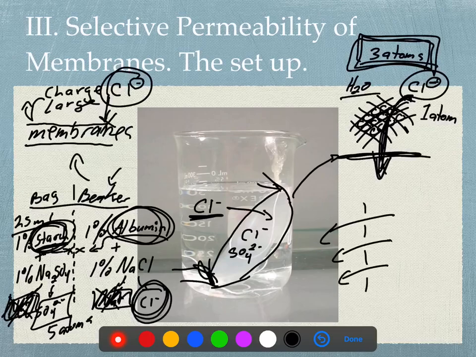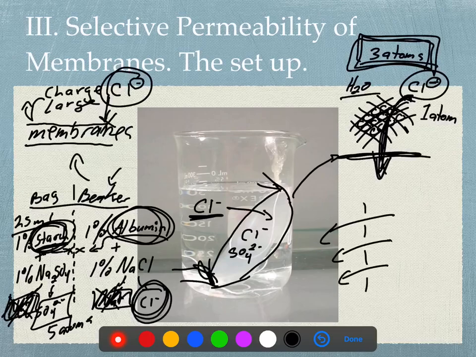All right, so how do we test to see if they got through or not? Well, we have some biochemical tests to perform, and you can read about those tests in your manual. So 1 hour after setting up the beaker with its bag, you would then pull the bag out of the beaker.